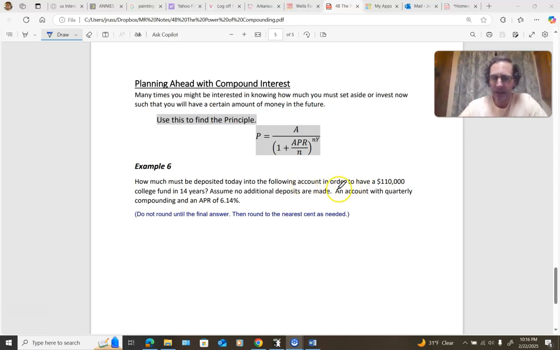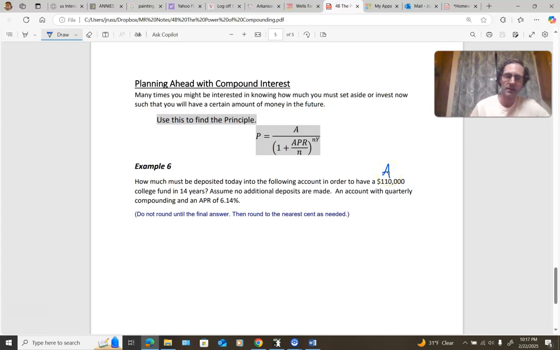But anyway, it says an account with quarterly compounding, so that means 4 times a year, and then an APR of 6.14%. So guys, A, or the accumulated value, is this $110,000. This is what we want to have 14 years from now. And what we're trying to figure out is how much we need to invest right now.